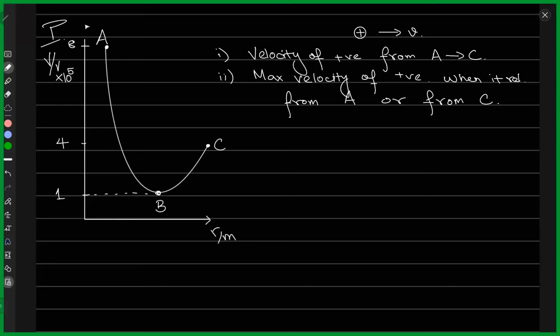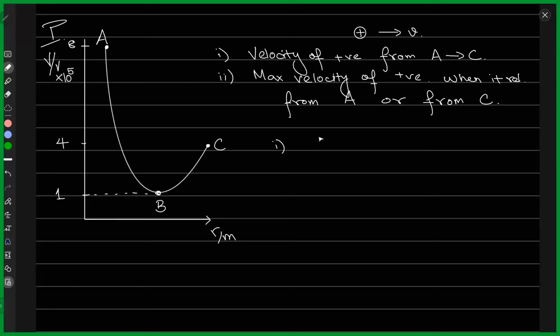So when I release this particle from rest, that electrical potential energy starts to convert into the kinetic energy of this particle, which means that I can use the conservation of energy to solve the first part of the problem.